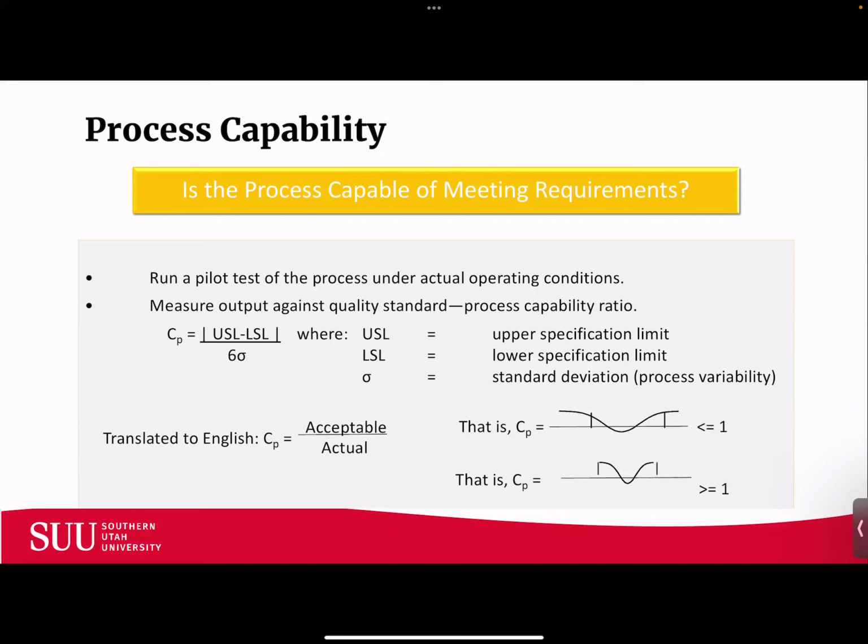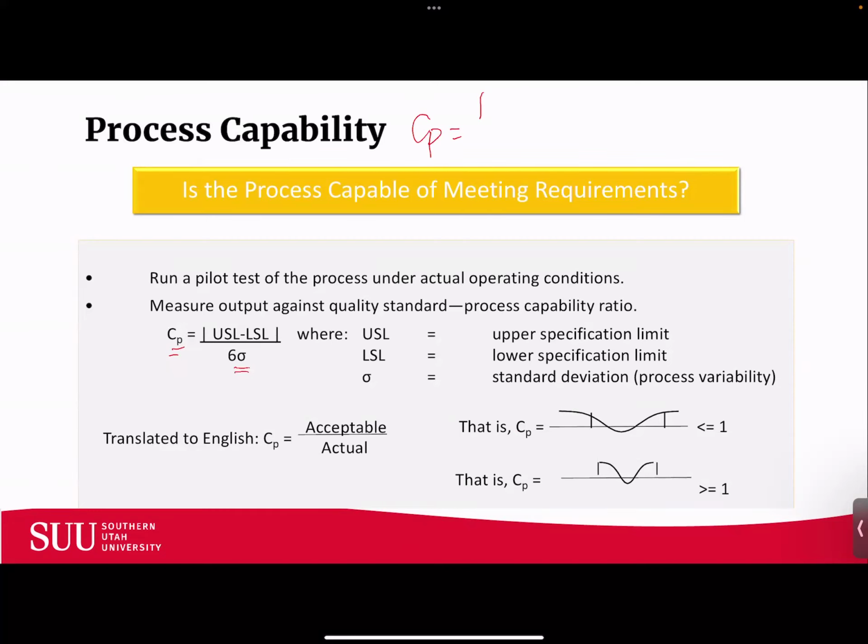Okay, here we go. So CP equals the acceptable, which is your specification, divided by actual, which is your distribution. So for the acceptable, we use the limits difference. And for the actual, we consider the sigma, which is the standard deviation, the distribution over there. So the CP equals, because we consider all positive numbers, we take the absolute value into consideration.